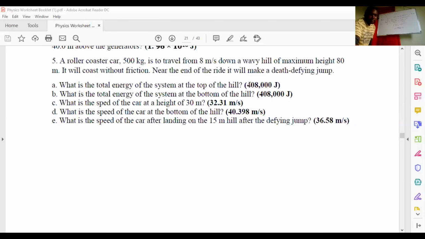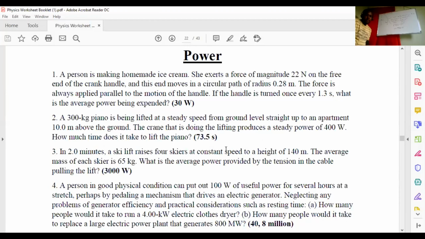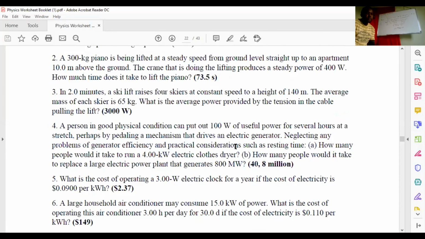All right, great. So now let's look at some power questions, and then we can look at the last topic in this section. We're starting from question 2. Question 2 says a 300-kilogram piano is being lifted at a steady speed from ground level straight up to an apartment 10.0 meters above the ground.